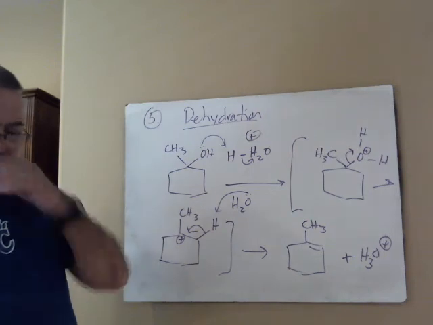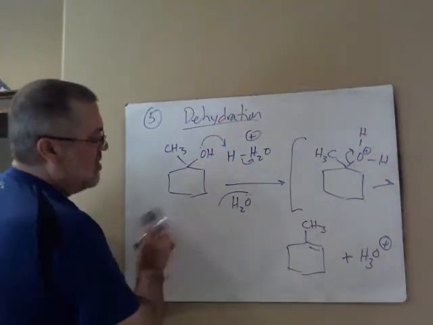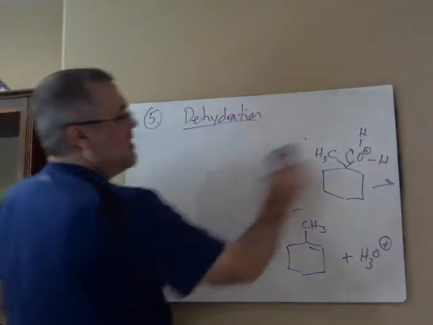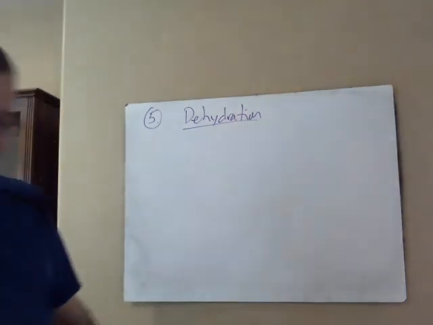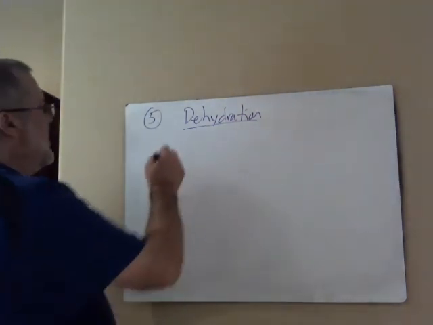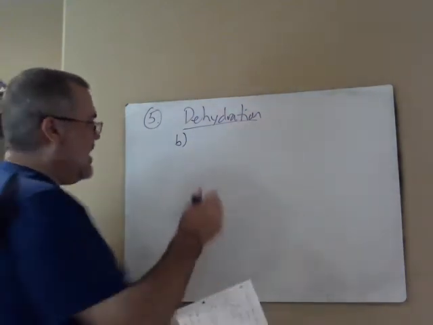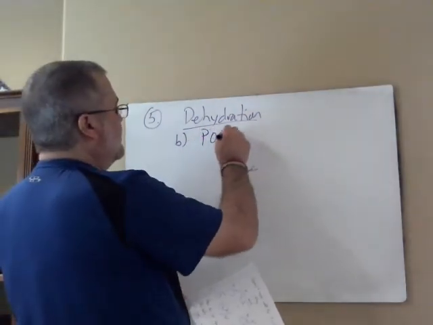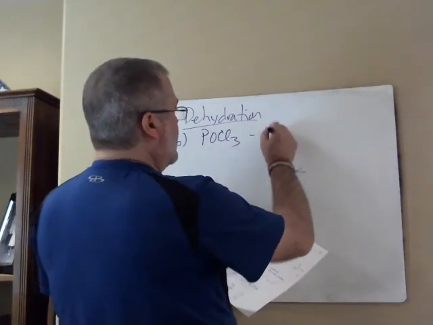Okay, but what happens if we have a primary or secondary alcohol and we want to do the same dehydration reaction? Is there a way we can do it? And the answer is yes. So this is B under dehydration, and it's using a reagent called POCl3, okay, phosphorus oxychloride.